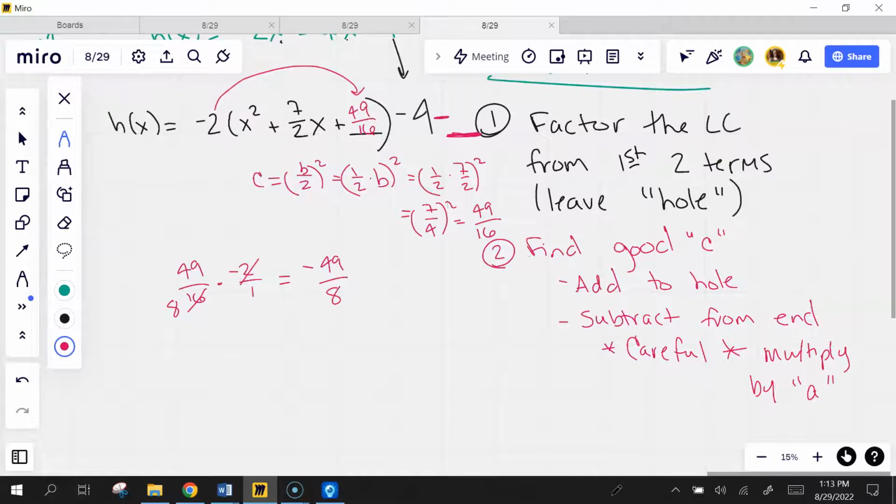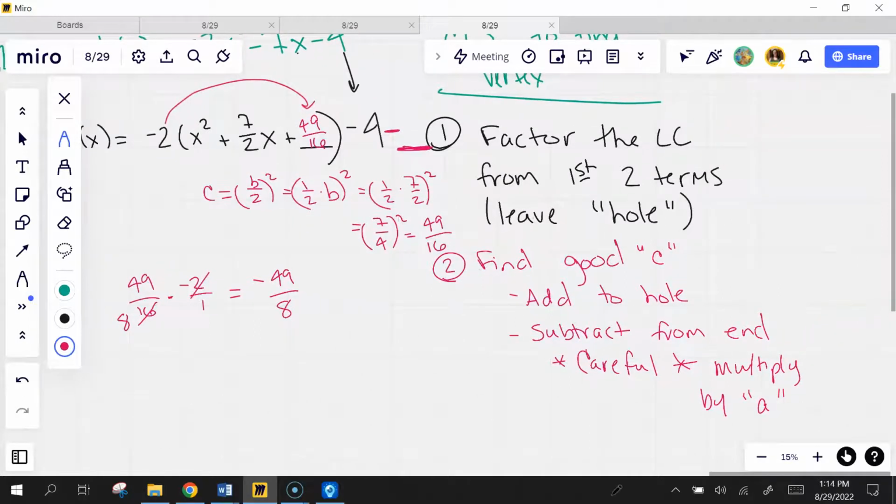Okay, yes. So we're subtracting negative 49 over 8.